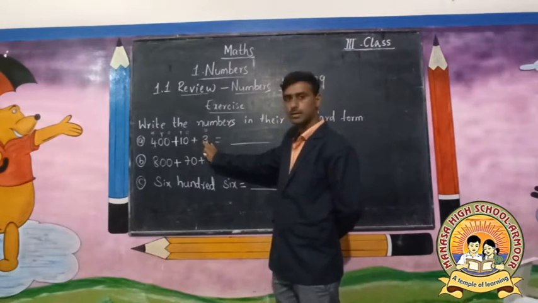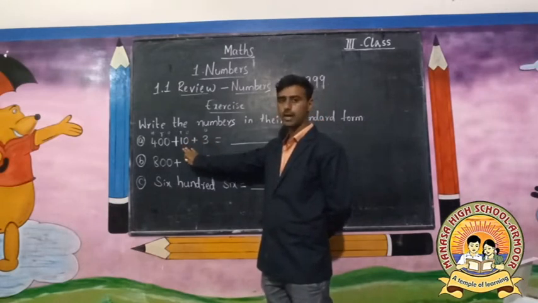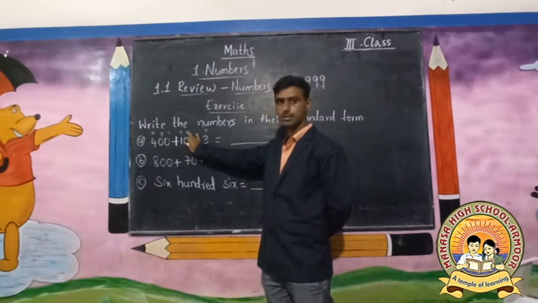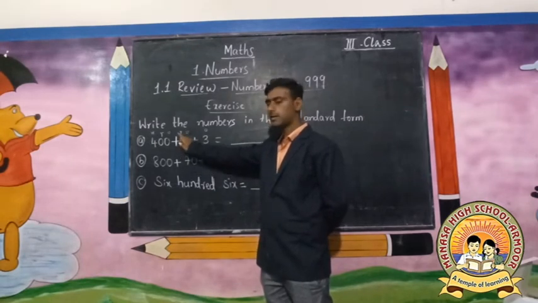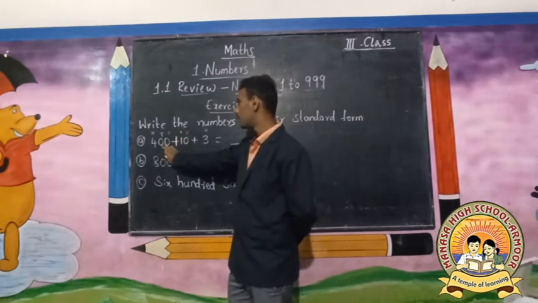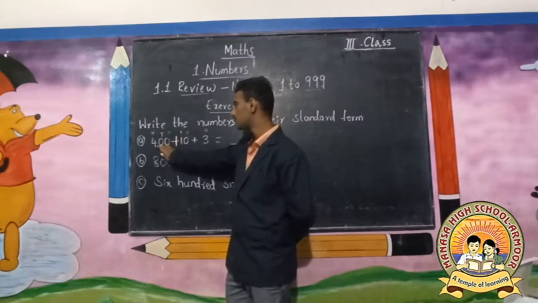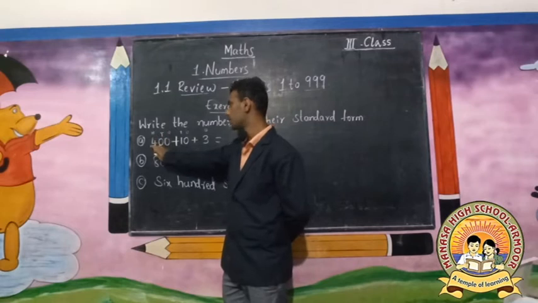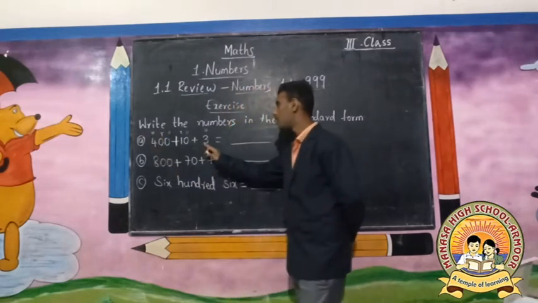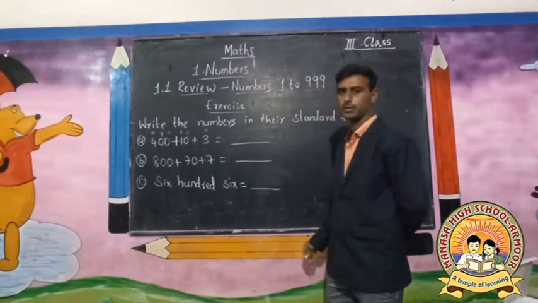This is 3 in the ones place. Let us go to the next number. 10: the 0 is in the ones place and 1 is in the tens place. Now in this 400, 0 is in the ones place, 0 is in the tens place and 4 in the hundreds place. Now we have to write in standard form.